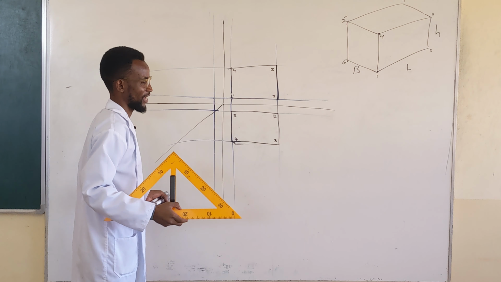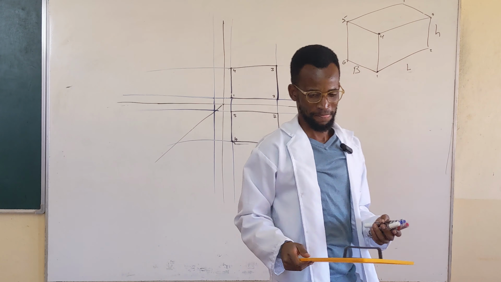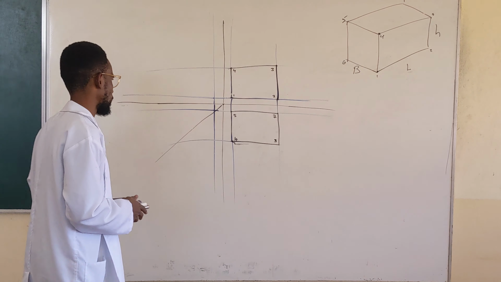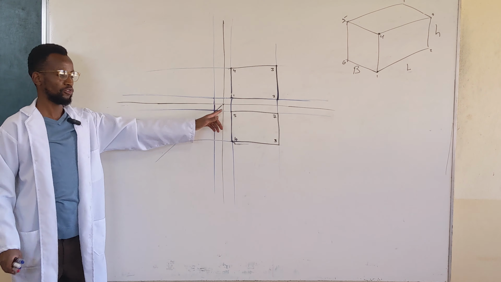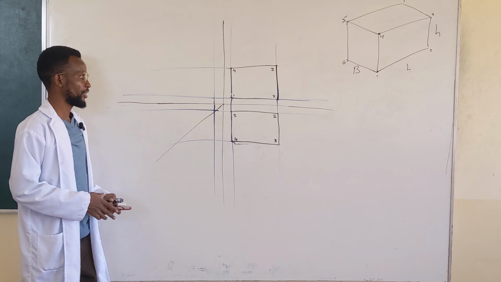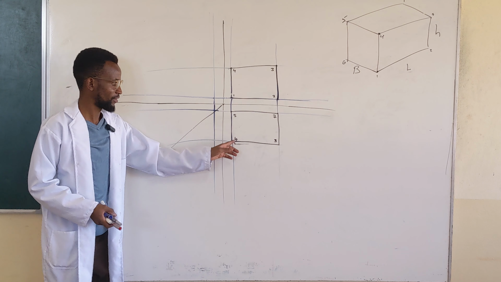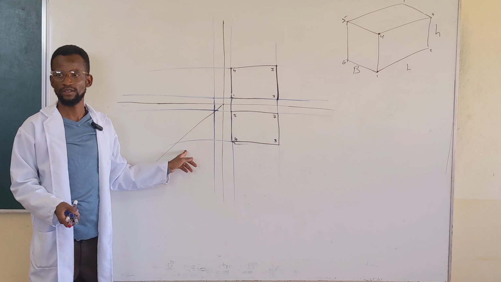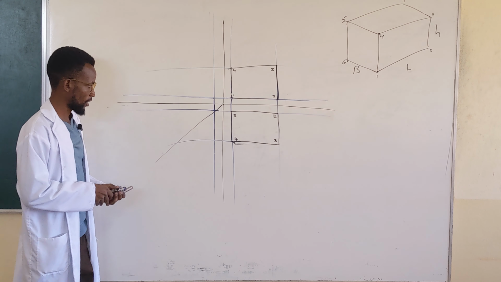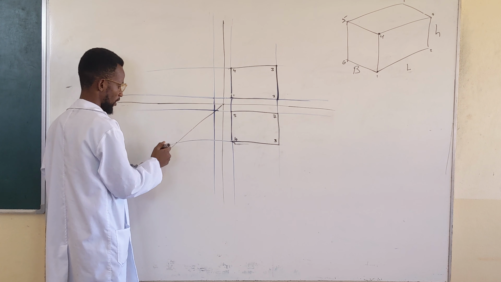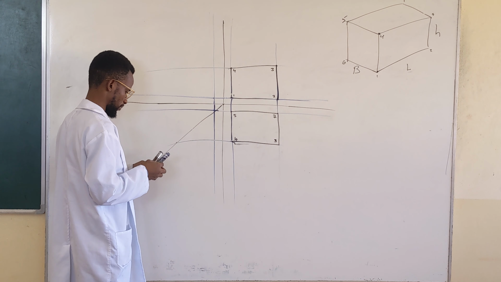You can even construct angle 45, but when you draw it, it's called a mitre line. Each point that is coming from here has to go up again when it meets the mitre line.